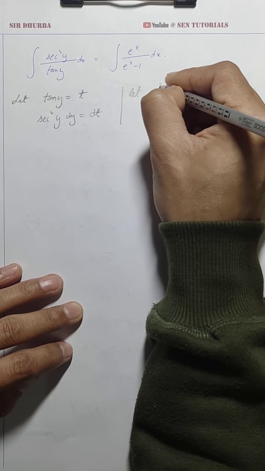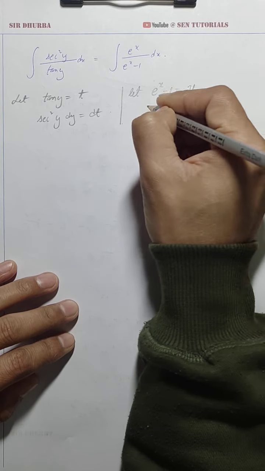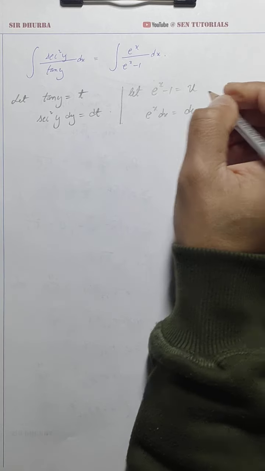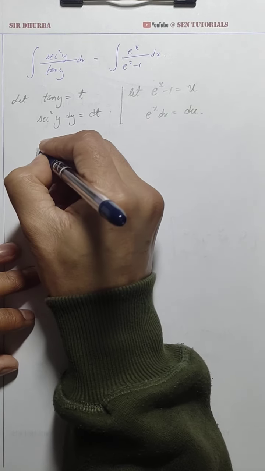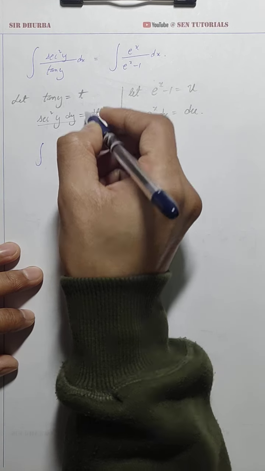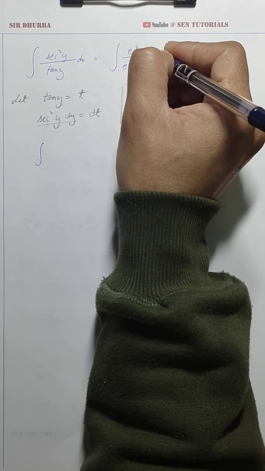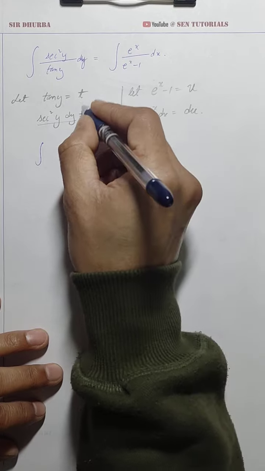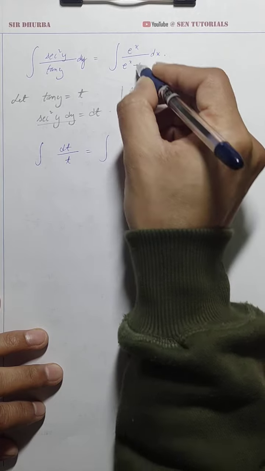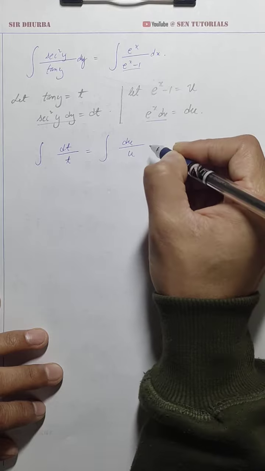And here let e power x minus 1 equal to u, so differentiating both sides, e power x dx equals du. So that will be dt by tan y, which is t, equal to e power x dx, which is du, by u.